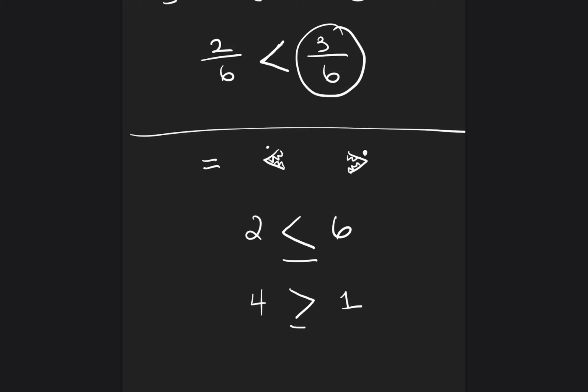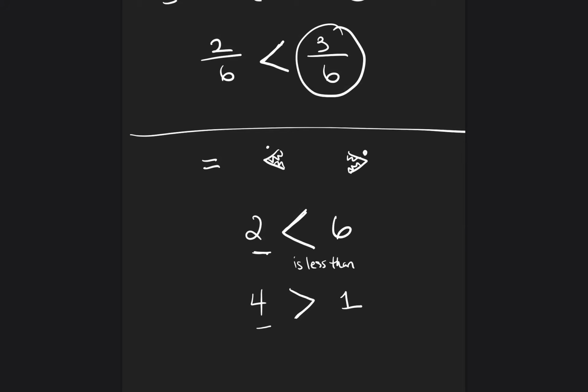But we are going to read these in 2 different ways. So how do you read this? Because you can either say less than or greater than. So how do we know which one is the less than sign and which one is the greater than sign? Well, if the alligator mouth is facing away from the first number, it's less than. 2 is less than 6.